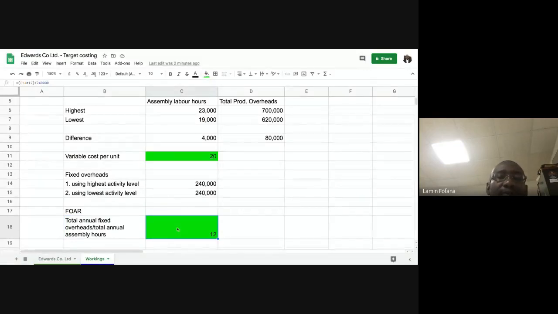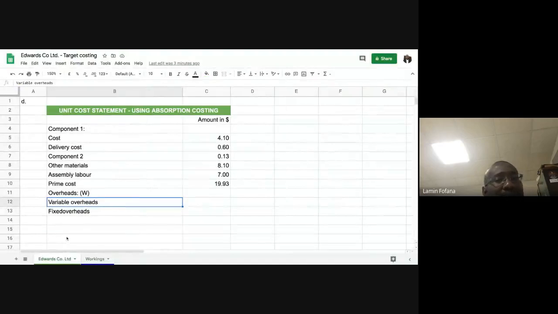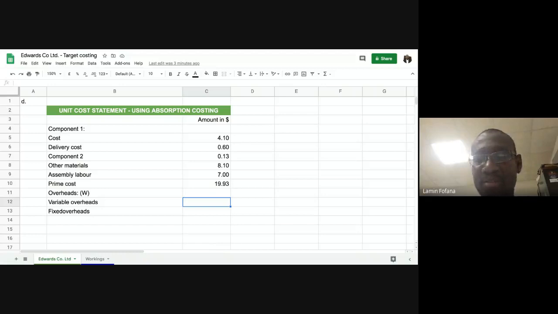Our fixed overhead absorption rate is $12 per hour, whilst our variable overhead absorption rate is $20 per hour. So we're coming to absorb them here. We have our variable overheads here, so how can we absorb it? Very simple, just like we've been doing before. Can someone give me the formula?